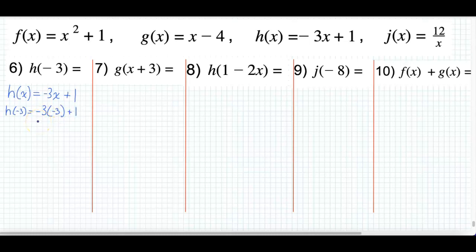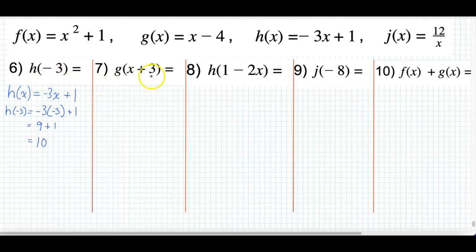And now we just follow the order of operations. So we're multiplying negative 3 by negative 3, which gives us 9, plus 1 is equal to 10. Now that was a relatively simple question where we're using a numerical input. But we apply that rule no matter what the input is.